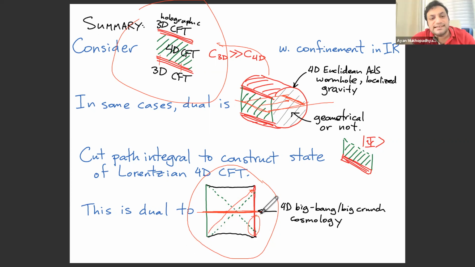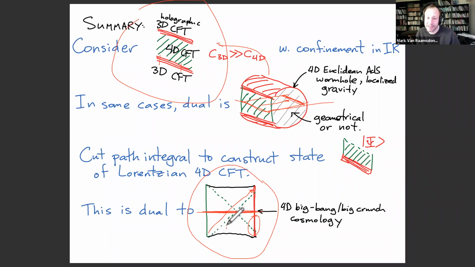But my puzzle was that this has no analog in this upper picture. Right, the time evolution in this picture doesn't have much to do with the time evolution in the top picture, or it would be some very complicated analytic continuation to see that.